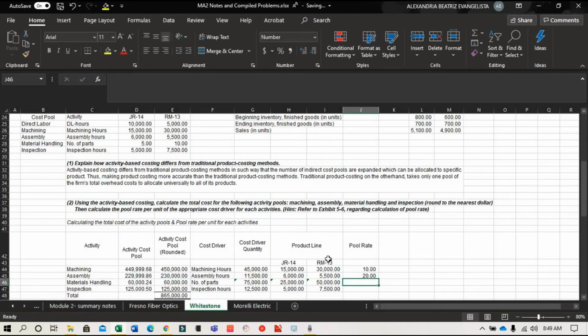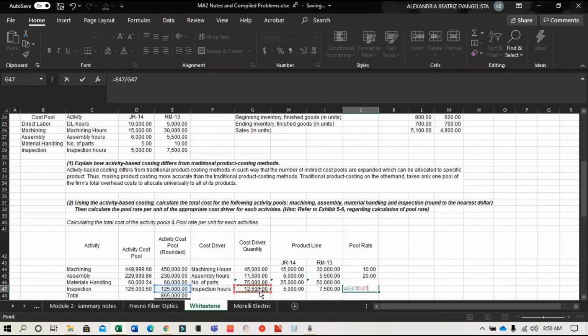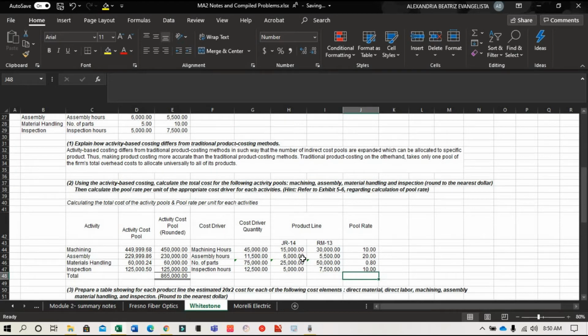For machine materials handling, that is 60,000 divided by 75,000, that would give us 0.8. And for inspection, that is 125,000 divided by 12,500, and that is 10. So that's how you compute requirement number 2.